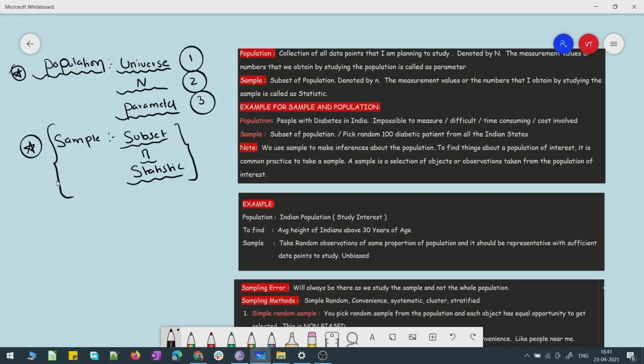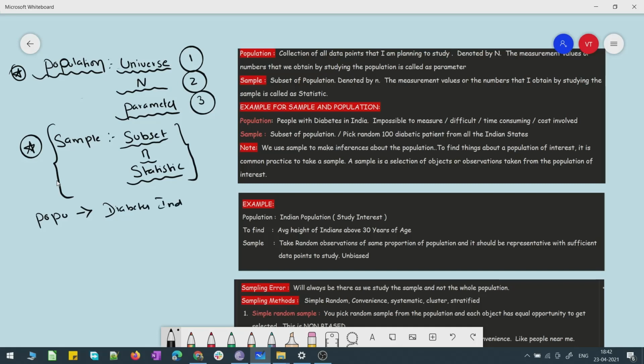Now, let's look at an example for sample and a population. Let's say that I want to study diabetes in India. So when I want to study diabetes in India, the population would be all the people who have diabetes in India.